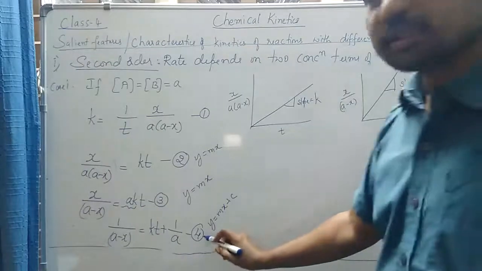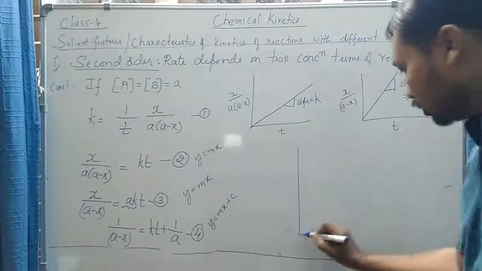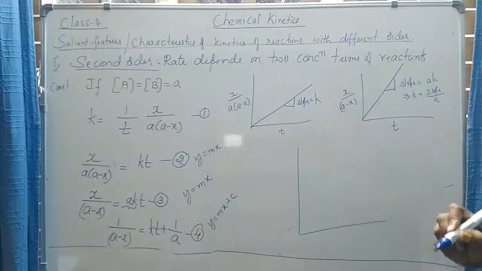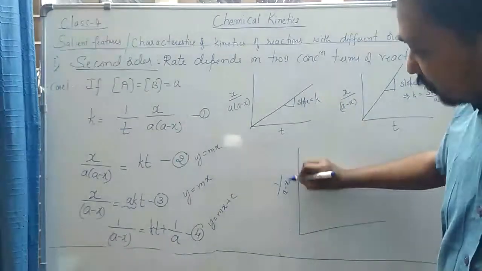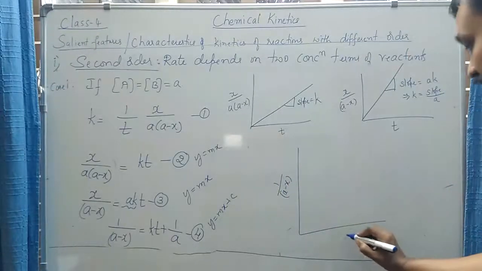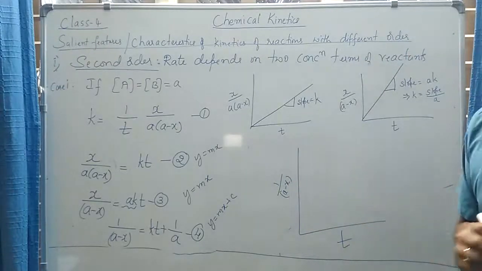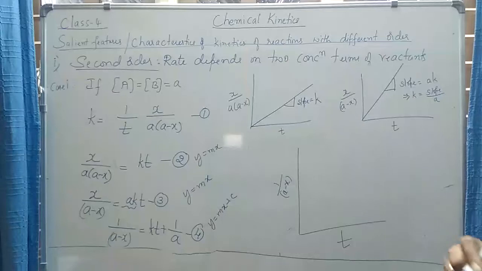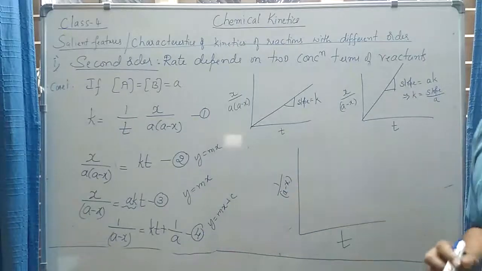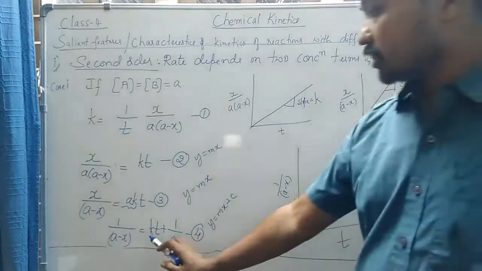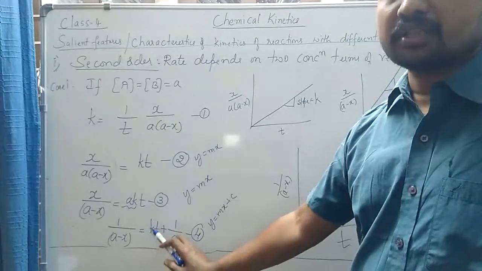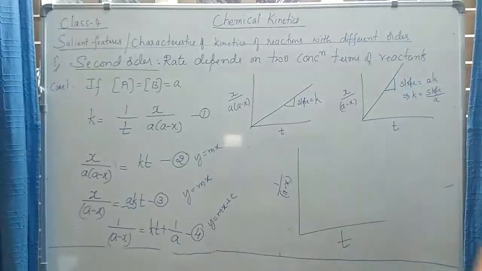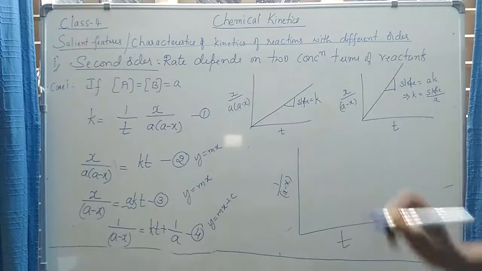Or if we are concentrating on equation 4, what would you plot along y-axis and x-axis? You will take 1 by a minus x versus t. Since this equation 4 is of the form y is equal to mx plus c, and you have a positive slope because k appears as positive here, k into t is positive, you get a straight line with positive slope and non-zero intercept.